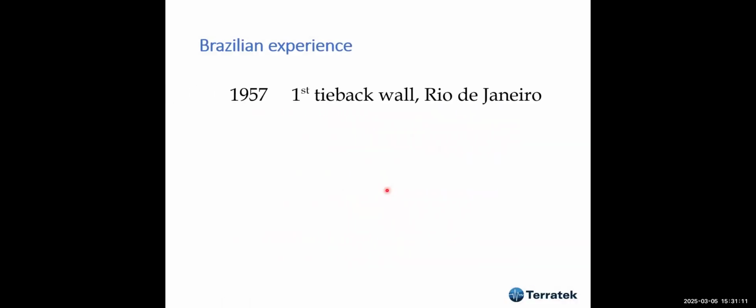And the Brazilian experience, as I've told you before, we started in 1957 with tied back walls, and then we developed to 1970. There was the first soil nailing wall in a tunnel portal in São Paulo. But this was done, like the French, by tunnelage engineers without any calculation.